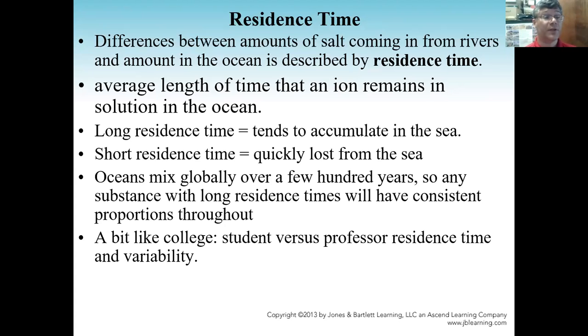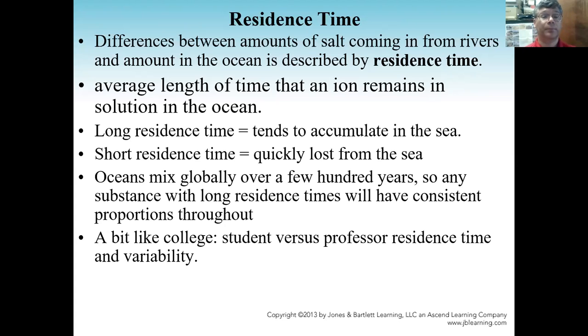Anything with a rather long residence time spends a lot of time in the ocean, so those will tend to build up in the ocean. If it's got a short residence time, pretty soon it's out again, whether it ends up sinking down to the bottom, perhaps, or used up by living things, whatever it is.